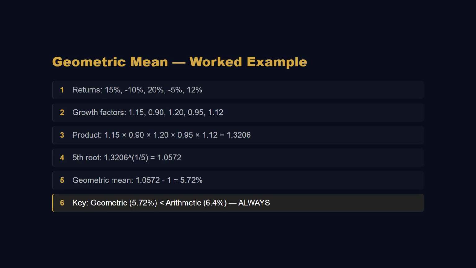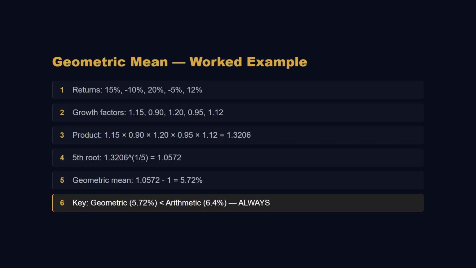Step 3. Take the 5th root. 1.3206 raised to the power 1/5 equals 1.0572. Step 4. Subtract 1. 0.0572, which is 5.72%. Notice the geometric mean, 5.72, is lower than the arithmetic mean, 6.4.